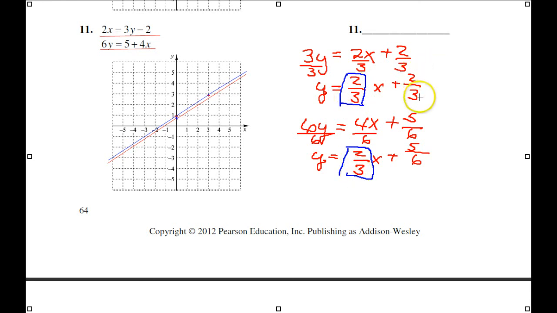Our y-intercepts are different. There's the y-intercept, there's the y-intercept. So when we graph them, they are parallel lines. So will there ever be a solution for this? And the answer is no solution. An empty set.